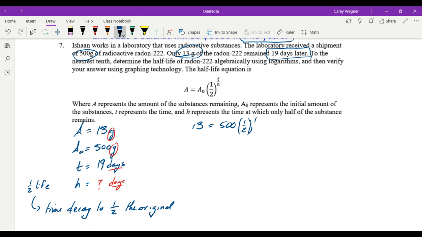This will be a 19 over h. So as we did in the previous question, we want to start by dividing the 5,000 out on both sides of the equation. So we have 13 over 5,000. This time that fraction would turn out to be a relatively nice decimal, so feel free to convert that to a decimal if you like.